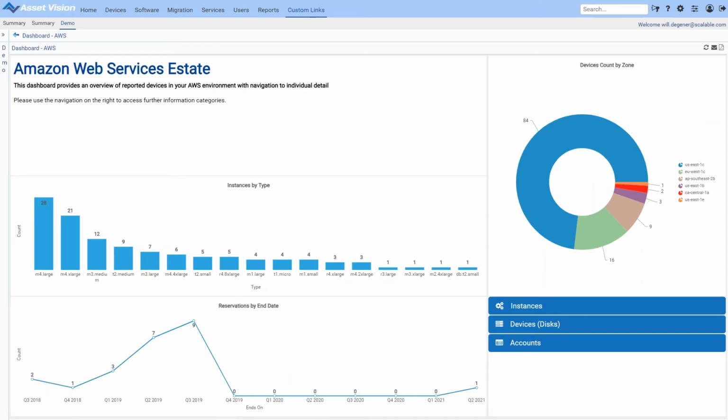So customers can put in their own credentials, their own account information, and it reaches out through the API just like they were logged into their AWS console, perhaps, and it pulls down the information about their, in this case, EC2 instances. And you can see, you should recognize this kind of stuff. So instances by type, whether it be M4 large or M1 small, by zone, EU West, EU East, those kind of things, reservations by end date.